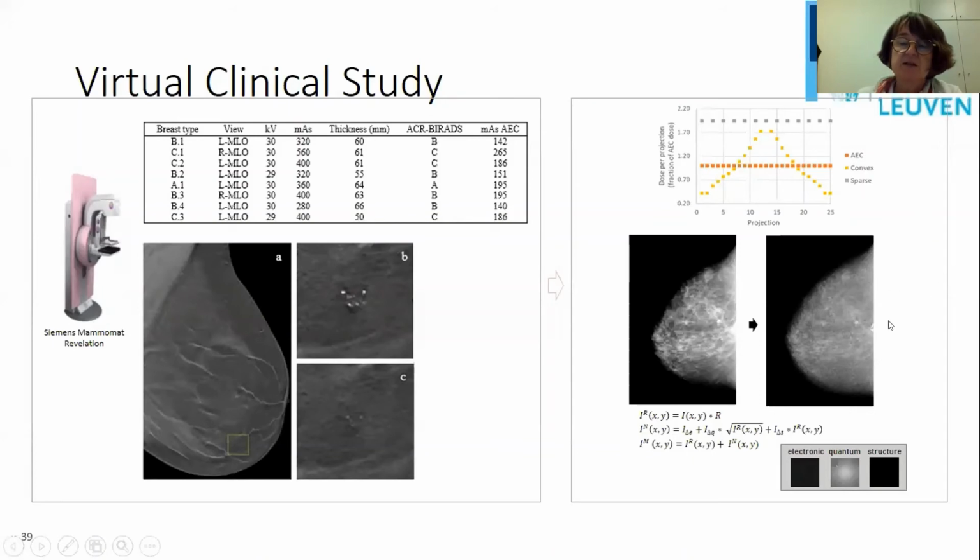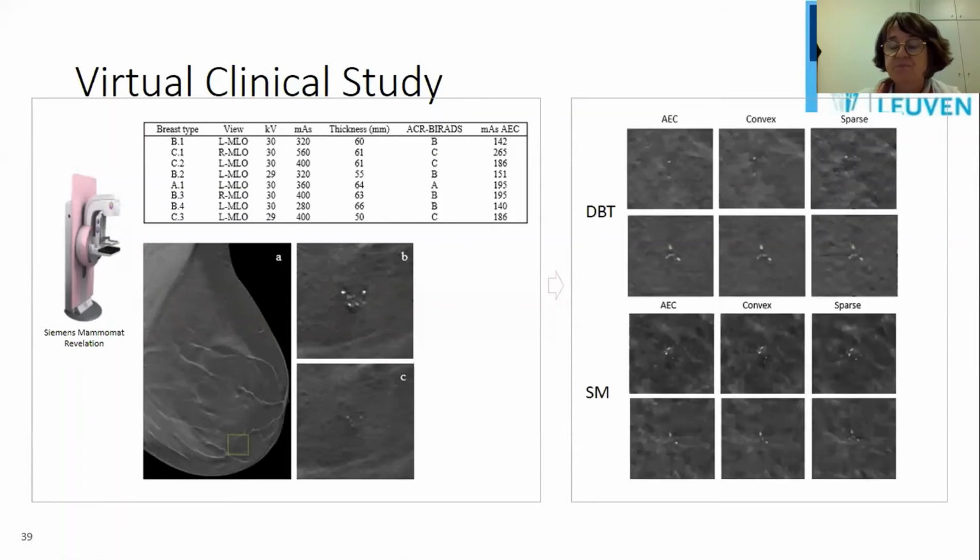And then it is possible to simulate how the image would look for, for instance, a sparse setting. It must be said that we started here from a selected number of cases where the initial dose had been increased to somewhat less than double. And that allowed us then to simulate the impact of the sparse projections and also the impact of a normal situation. Here you see how this typically looks.